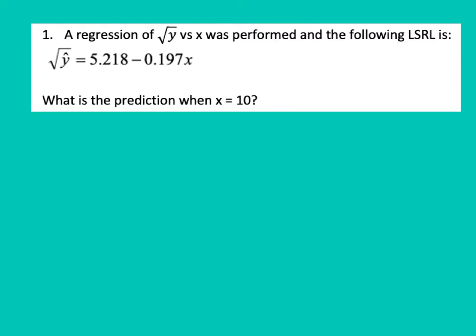We're really just doing some algebra here. I'm going to copy my equation carefully, and I'm going to plug in 10 for my explanatory variable. When I type the right side into my calculator, I get 3.248. And now I need to get the predicted y.